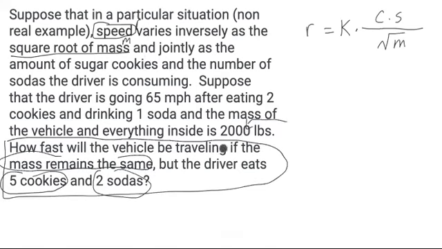Okay, but if we want to know how fast the vehicle is traveling, we have everything to plug in except for K, notice. But if we look at the situation that happens first, that situation will tell us how to find K. All these problems are pretty much the same.